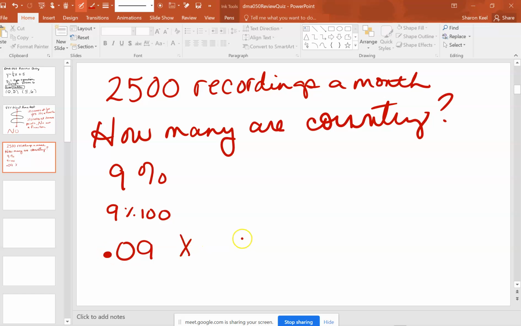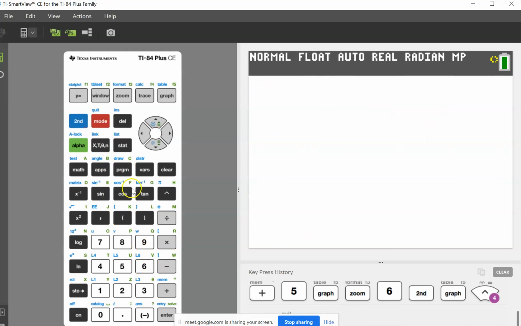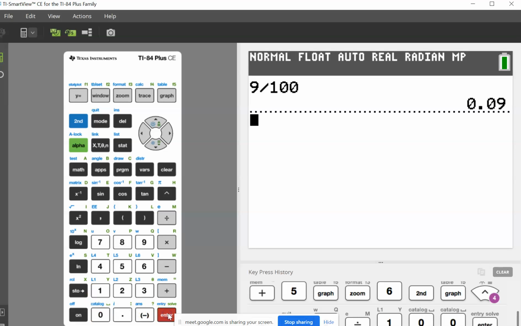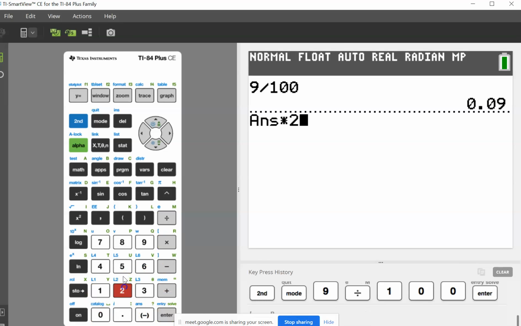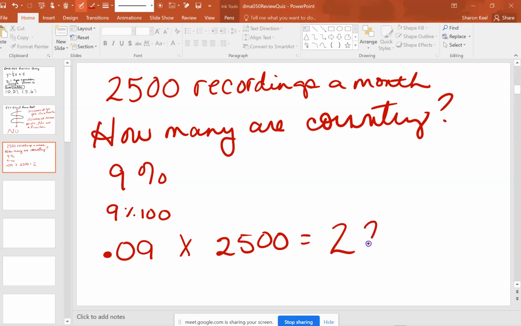We're then going to multiply that by 2,500, and that's going to tell us how many recordings are country. So here, my 9 divided by 100 gives us our 0.09 times 2,500. That will be 225. So 225 recordings are country.